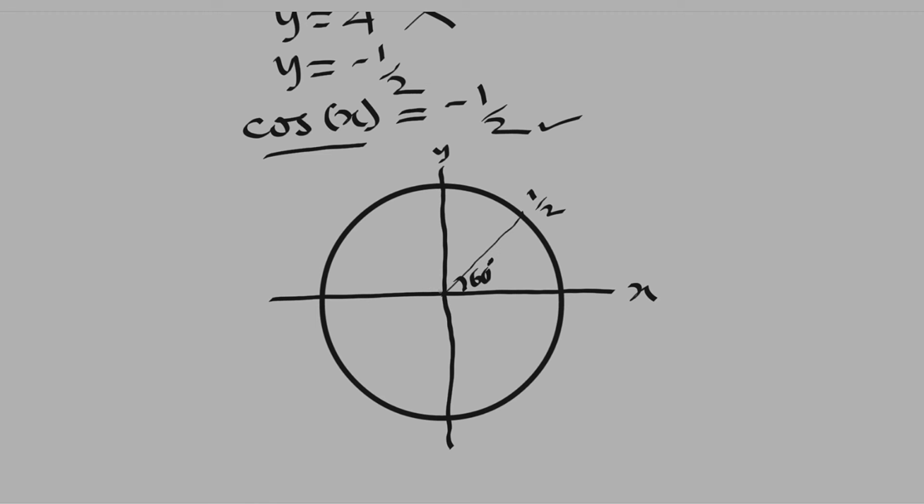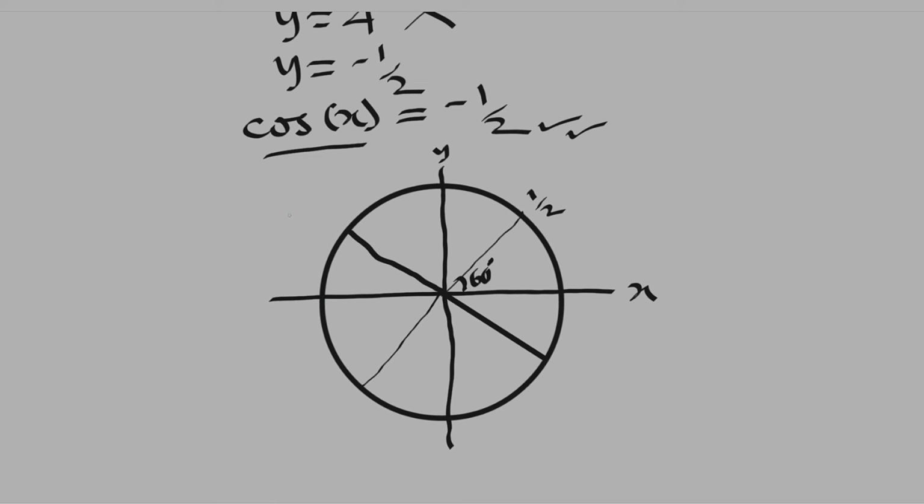We expect solutions here. The reflection here, this other one, and lastly this one. Do not use your calculator, because the calculator will give you only one value. But coming onto the unit circle, you find the required solutions. So what we need to consider here is at what quadrant cosine is said to be negative, because the value we have here is negative.